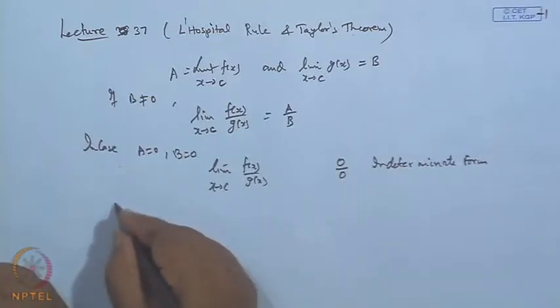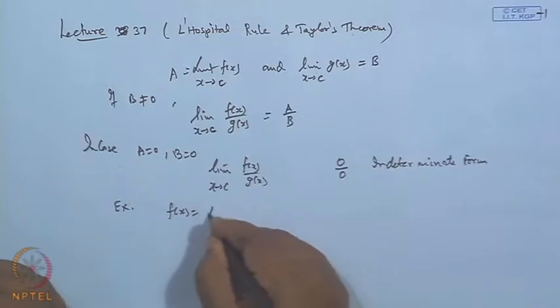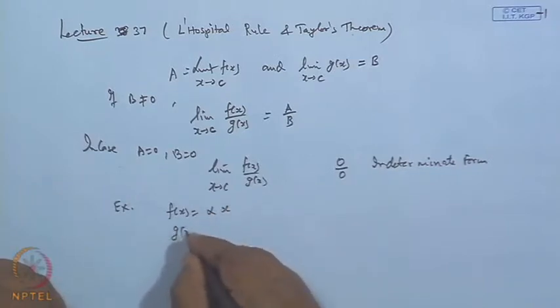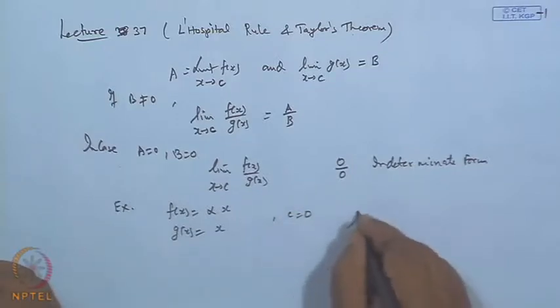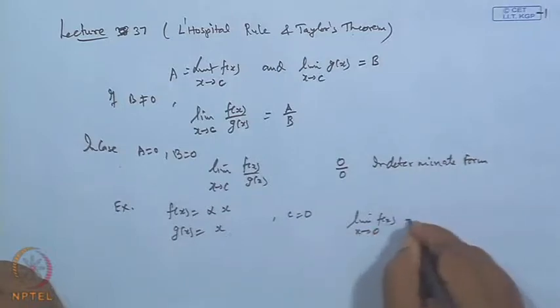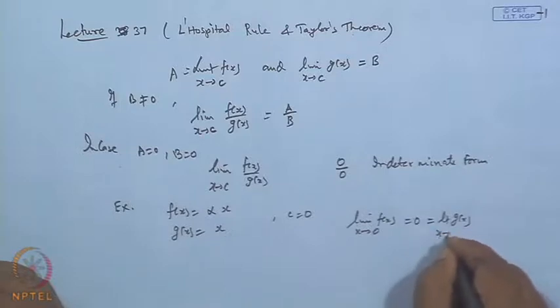For example, if we take the function f(x) as alpha times x and g(x) as x, and choose the limit point c as 0, then obviously the limit of f(x) as x tends to 0 is 0, which is also the limit of g(x) as x tends to 0. Both are coming to be 0.